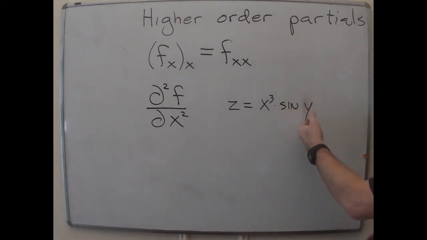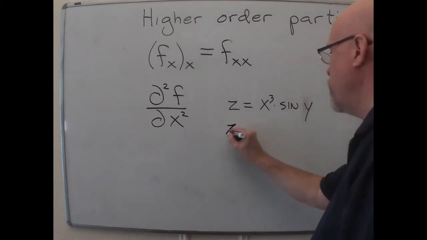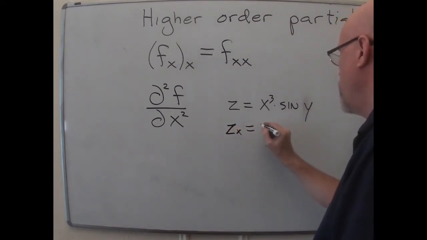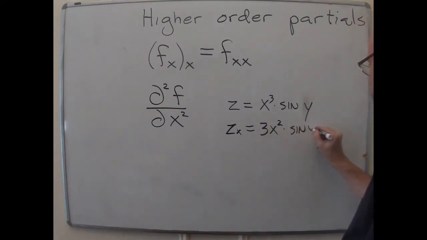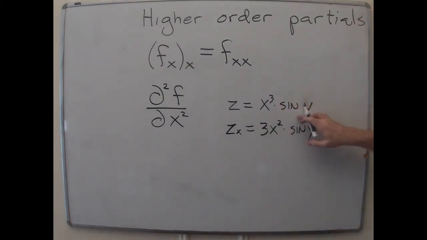So that whole thing is just some number. So z sub x would be 3x squared times that number. I mean, sine y. In other words, things that are strictly functions of the other variable just get pulled down. They don't change. Things that are functions of the variable that we're imagining changing, we take the derivatives of those.